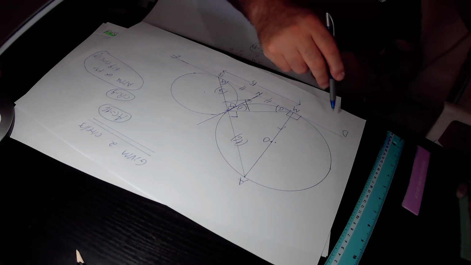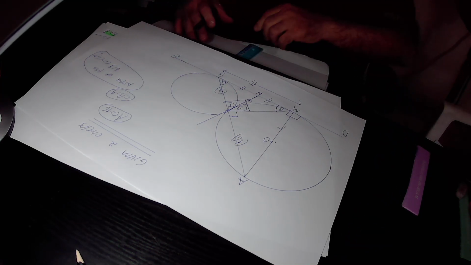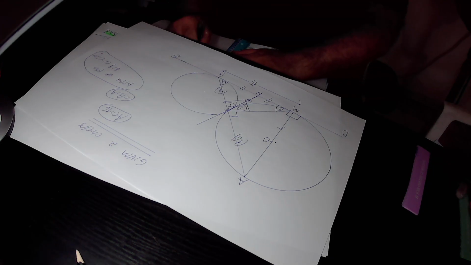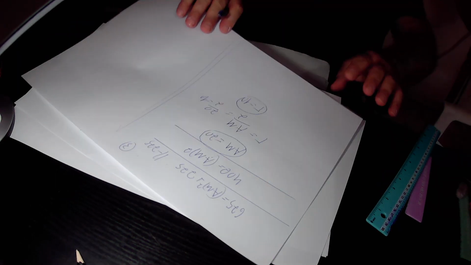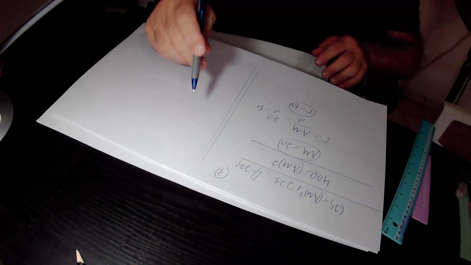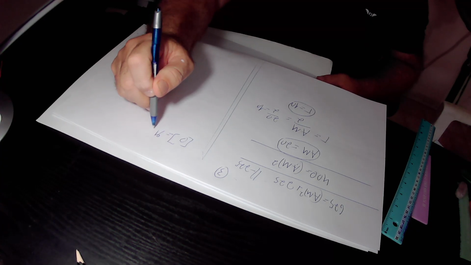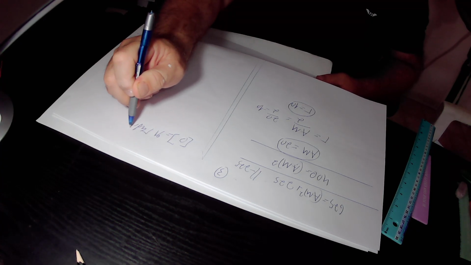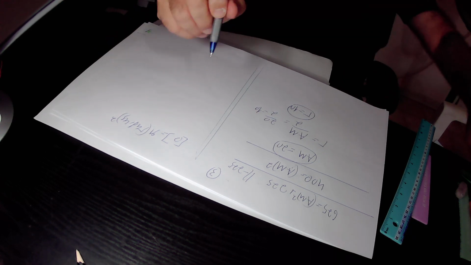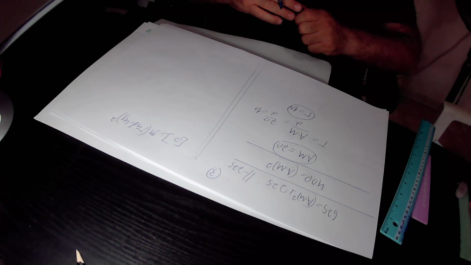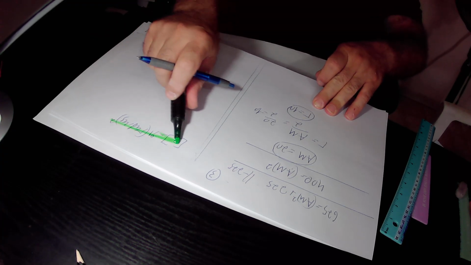Our mission is to find the area of this big circle. We know that the area of any circle is equal to pi times the radius of the circle squared. Therefore, the area of the big circle is equal to pi times the radius of the big circle squared.